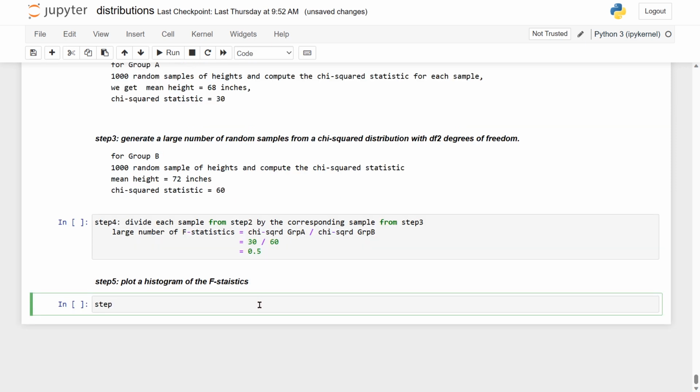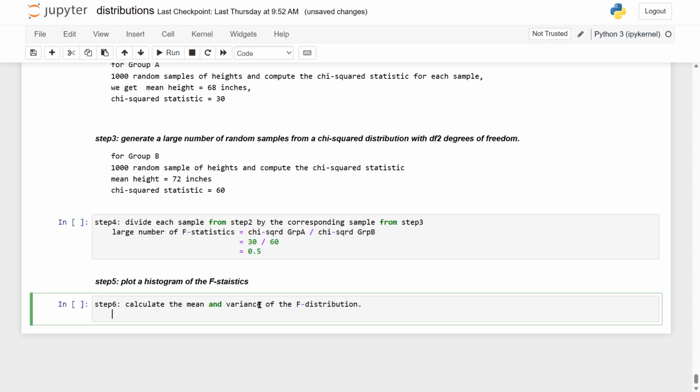But as a final nail in the coffin, the final step would be to calculate the mean and variance of the overall F distribution. For that, the formula that we can use is the same. Mean is equal to df2 divided by df2 minus 2.